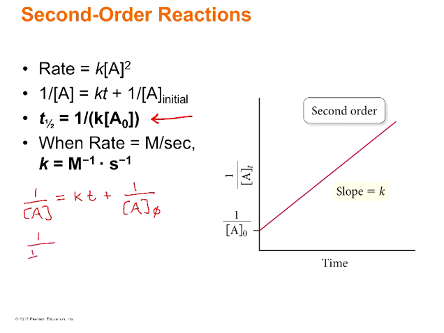So that would be 1/2 of the initial concentration of A. And then for T, we'll plug in T 1/2. Okay, so then let's simplify the left-hand side of the equation. So if 1/2 is in the denominator, we actually have 2 over the concentration of A at its initial point. And then let's subtract the 1 over A initial expression.